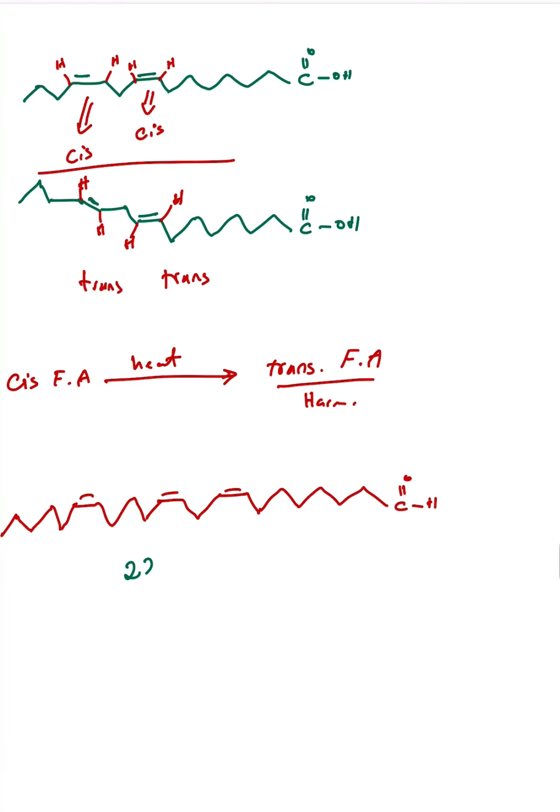Then I can write 22 carbon, colon, the number of double bonds, here 3. And I can show by the delta the position of the double bonds, counting 1, 2, 3 up to 16, and it shows 3 double bonds.